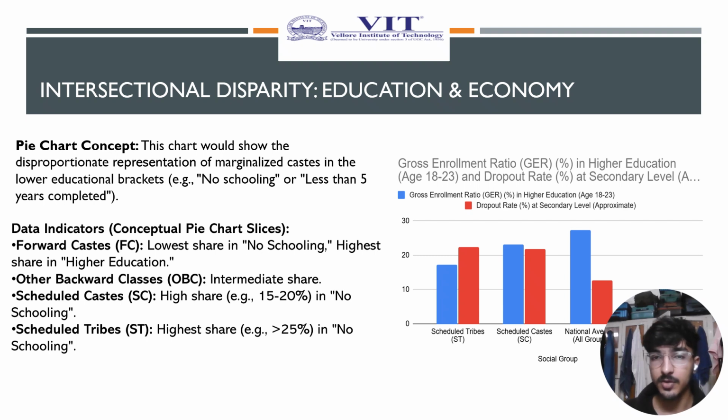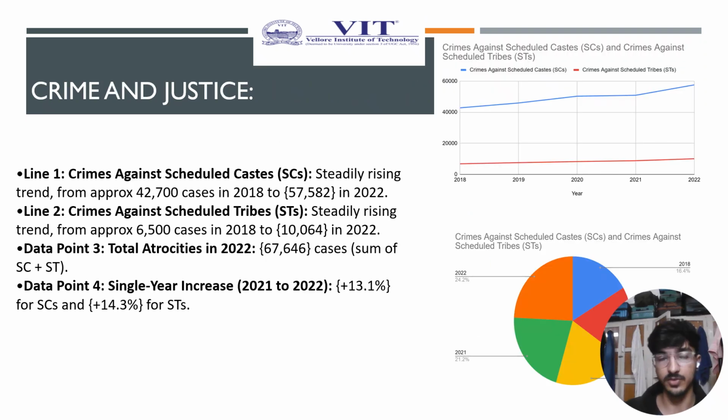You can see that the Scheduled Tribe dropout rate is way less than the national average, and it is even lesser than the Scheduled Caste, and the Scheduled Caste is more than the Scheduled Tribe, but still very less than the national average, which is like 15 to 20% for the Scheduled Caste and more than 25% for the Scheduled Tribe. So, there is a huge gap between the education for the upper caste and the lower caste, as we say.